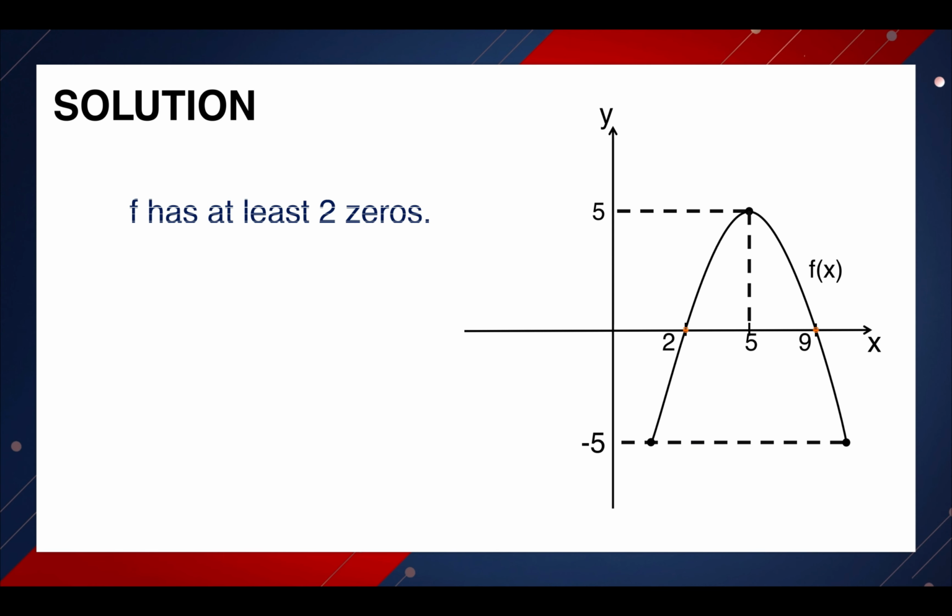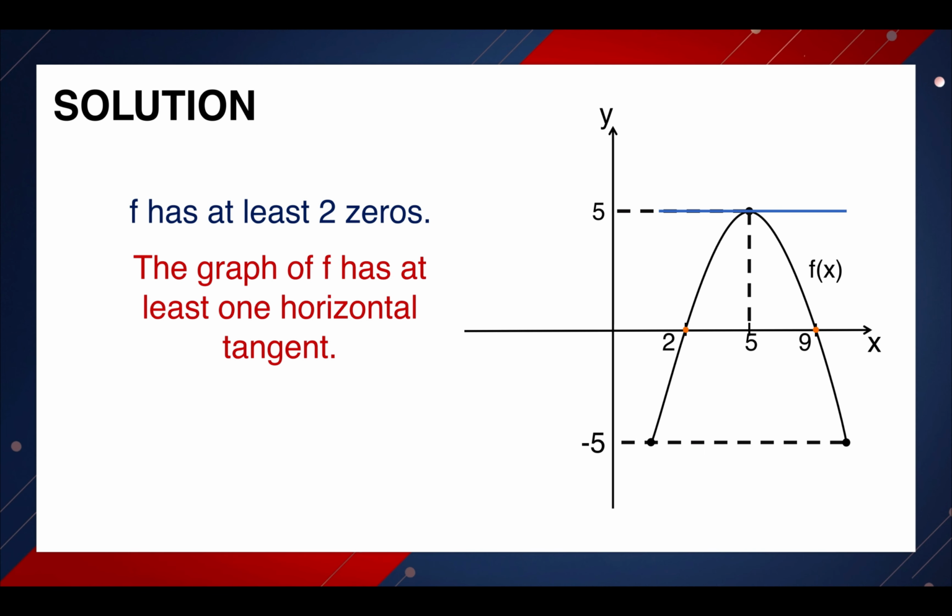And from the graph, we can know that f has at least 2 zeros because the sign of the function has changed 2 times on the interval from 1 to 10. And also, the graph of f has at least one horizontal tangent, because the function first increases and then decreases, which means that there must be a sign change in the slope of this function.